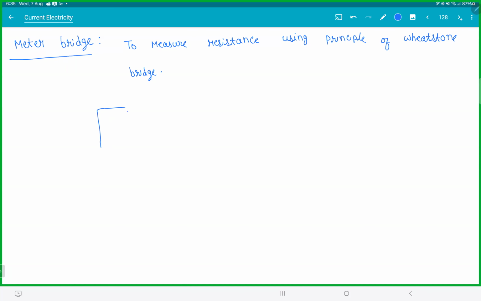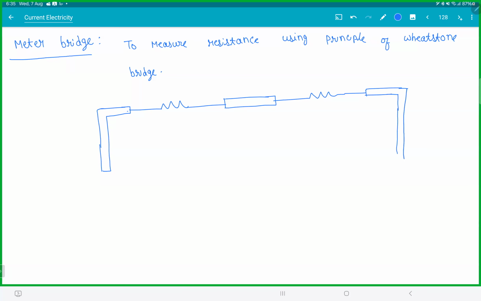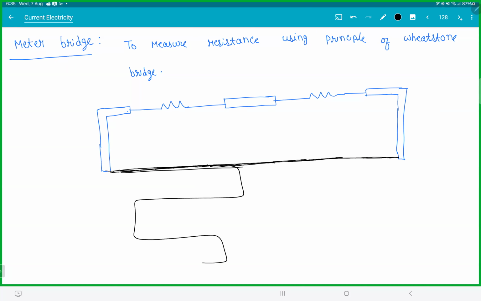We have some metal frames like this. We have a wire like this. Here I'm showing a straight wire, but if you see the actual equipment, it'll have wires like this, so that you can keep more length of the wire.